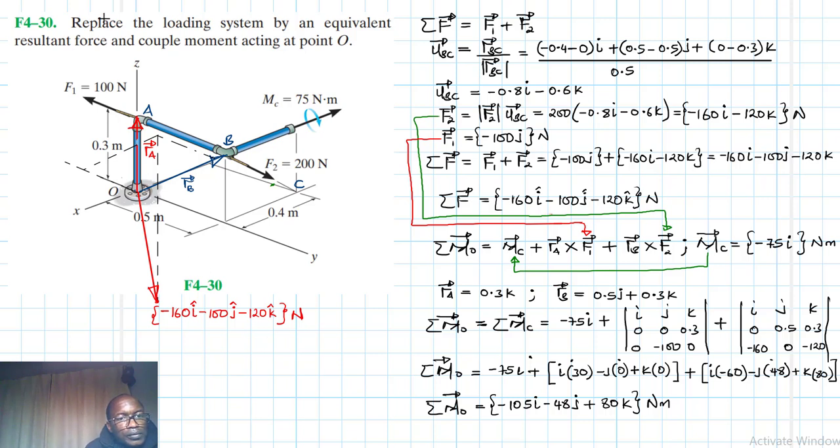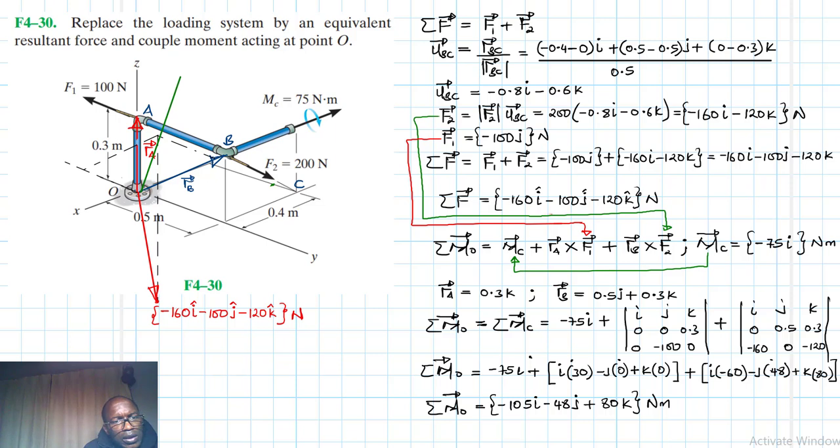Then let's say our moment, we have 105 in the X, and then minus 48 in the Y. So we have negatives in both X and Y, and then we have a positive Z. So this one we can just assume without really showing that.